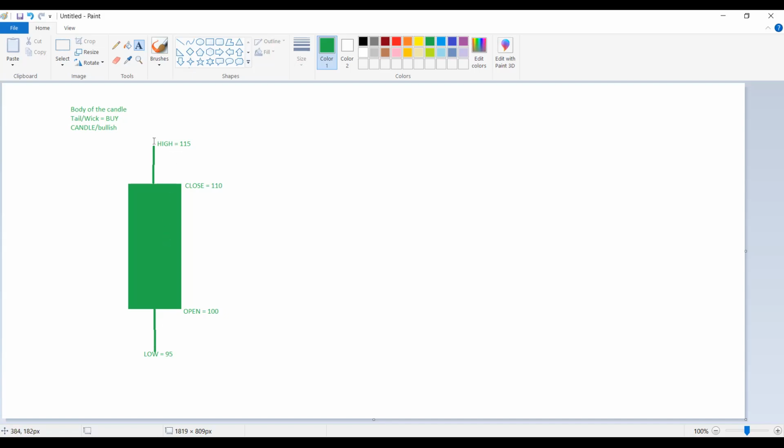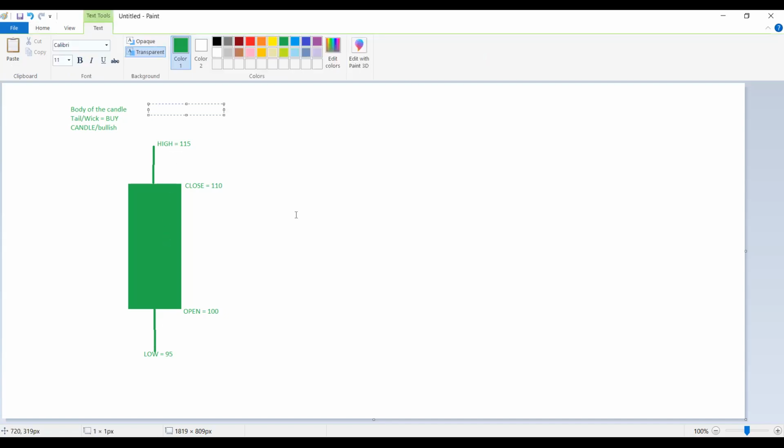So this kind of representation of the candle in the four-price format is called OHLC: open, high, low, close. Now, this is the basis of all technical analysis.